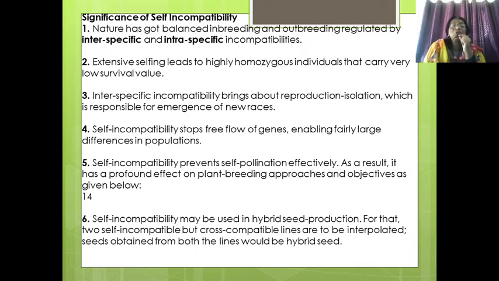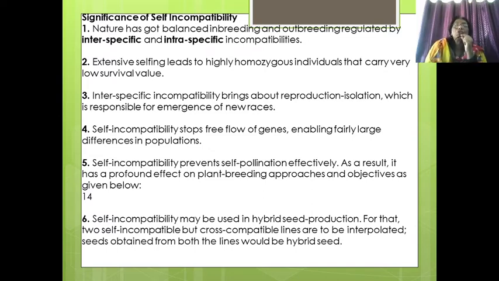Interspecific means incompatibility is present between two different species, and intraspecific means this incompatibility is present within a single species. Therefore, the significance of self-incompatibility is that it maintains balanced inbreeding and outbreeding, which is regulated by interspecific and intraspecific incompatibilities.